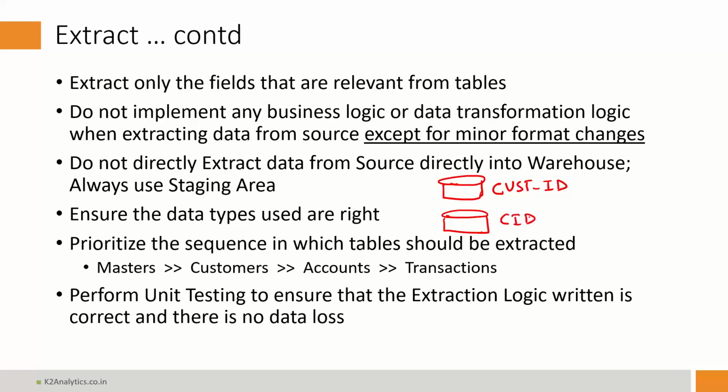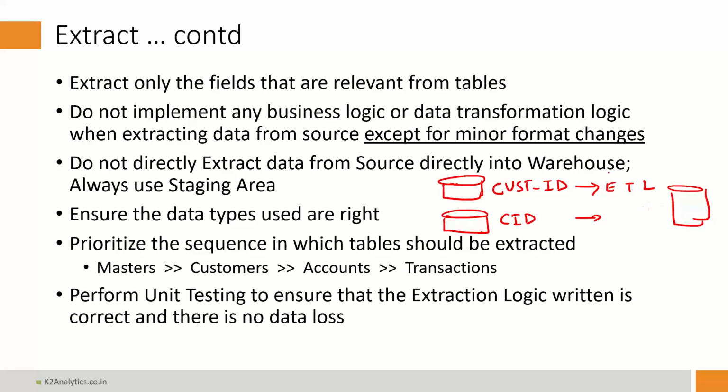In another source, the customer ID might have used the variable name as CID. End of day, you are doing extraction, transformation, and loading. In the warehouse, you should have only one naming convention.